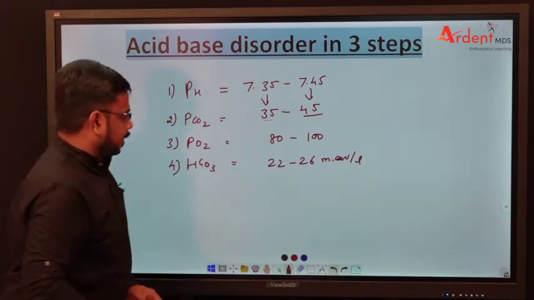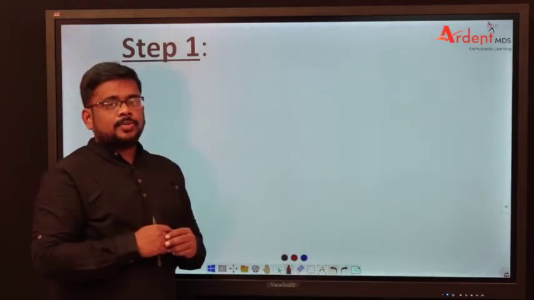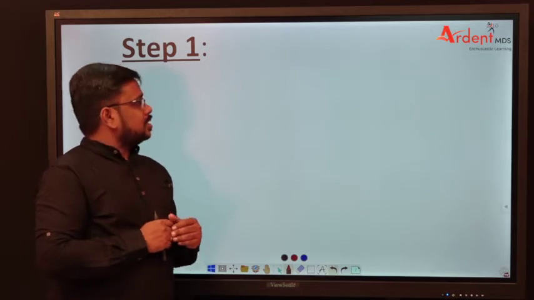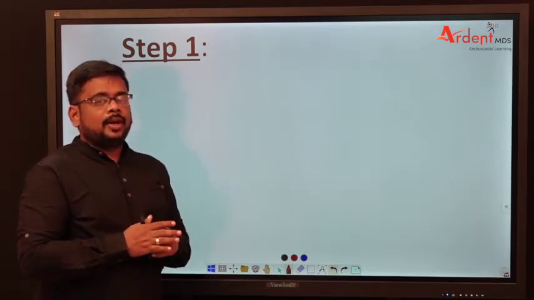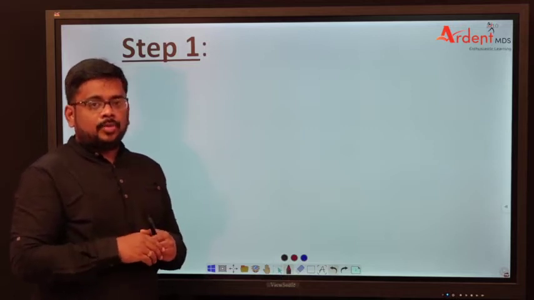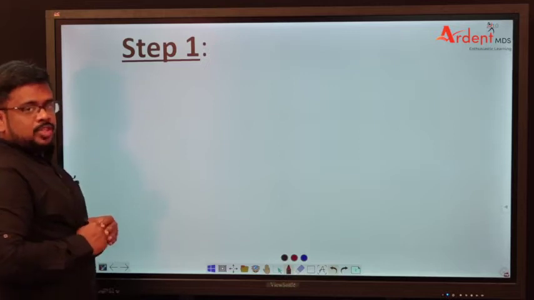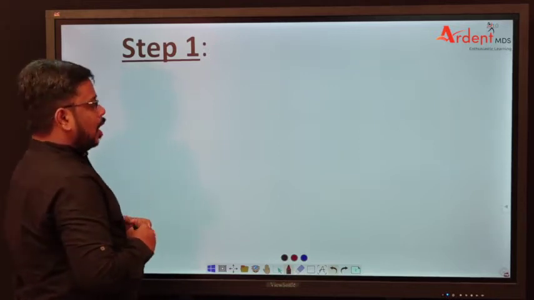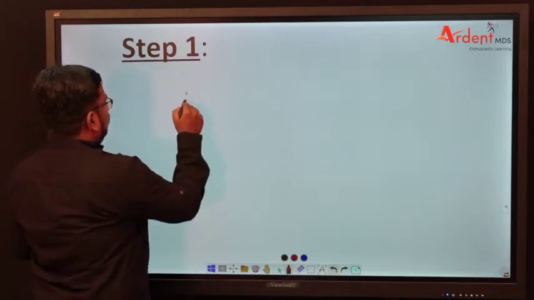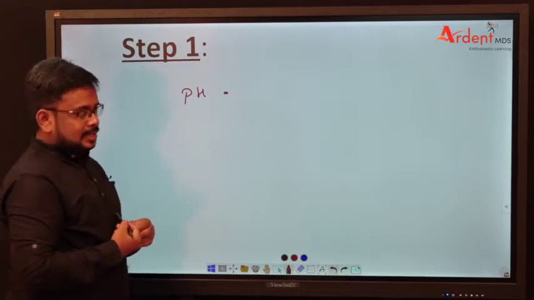Very easy, right? Normally students are very confused about this topic, but I am trying to make you understand within 3 steps so that you can get 100 out of 100 marks in this topic. Step 1: if a question is given to you, check the pH of the arterial blood gas analysis.